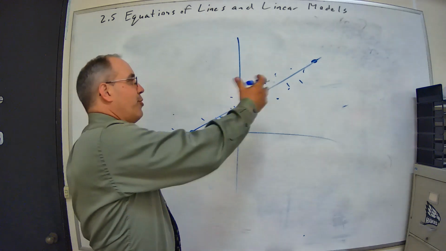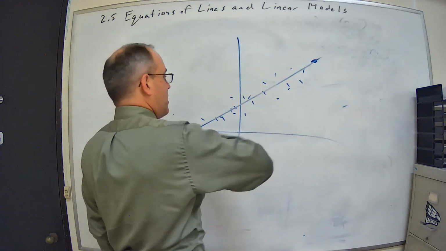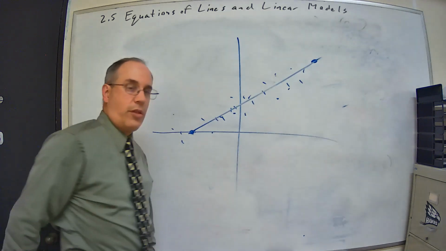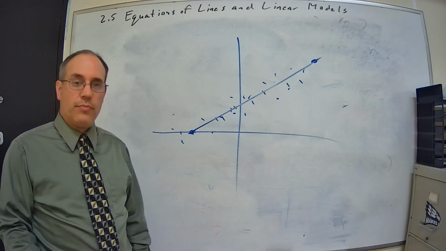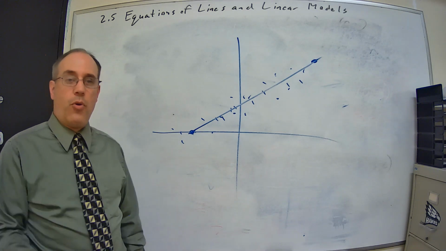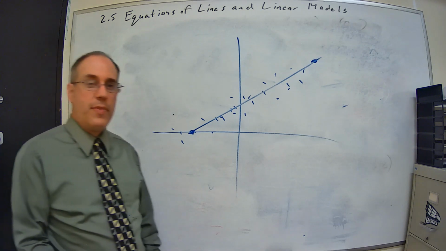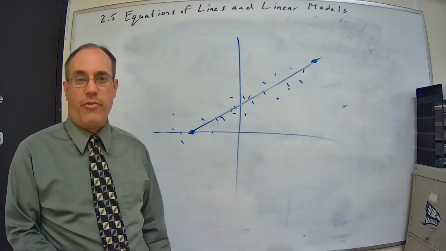So that's one thing that we can do. I'm not going to go through it because it really is that straightforward: choose 2 points that look like they'll give you a line relatively straight through it, use that to get the slope, and choose one of the points and put yourself into point slope form. From there you can go to slope-intercept form, or you can go into standard form.